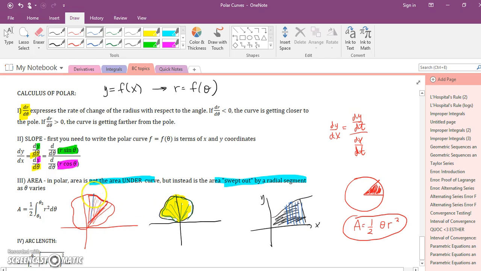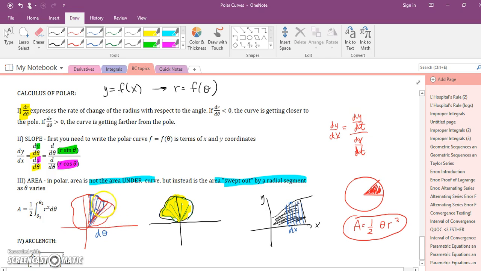You're going to split this up into a bunch of baby segments. And at each edge, if you make the segment skinny enough, then this is almost part of a perfect circle. And instead of dx being tiny, it's your d thetas being tiny. So you're making d theta as small as possible.